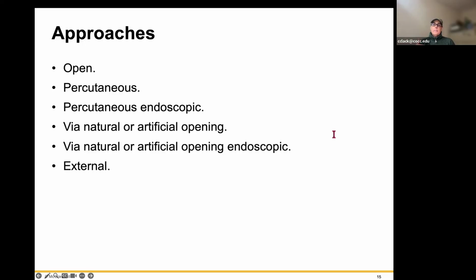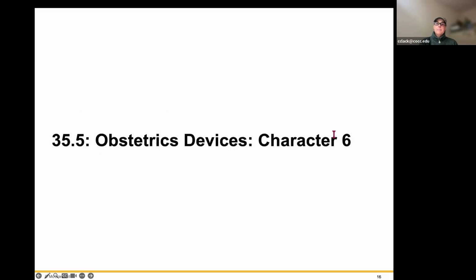Now for OB, it's pretty much either via natural opening or cesarean, open. Those are the most common approaches that we will see with PCS within the fetal maternal moms and babies section.